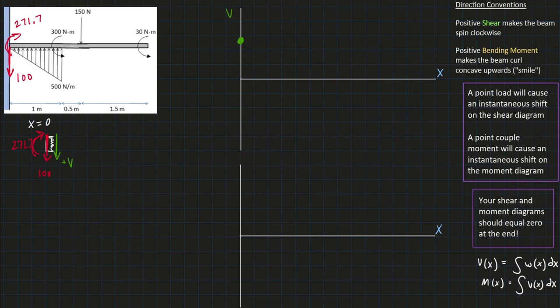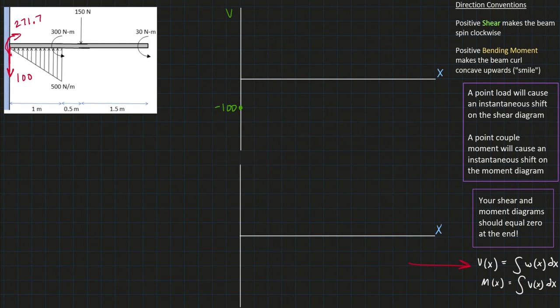So for us to have balance here, my internal shear force really should be going up. That is, it should be going in the direction of negative shear. And its value, of course, must be equal to 100, so I can balance out that 100, so we can have force balance in the y. So my initial point is going to be a negative 100. And each one of my marks here will be of length 50. So there's negative 100.